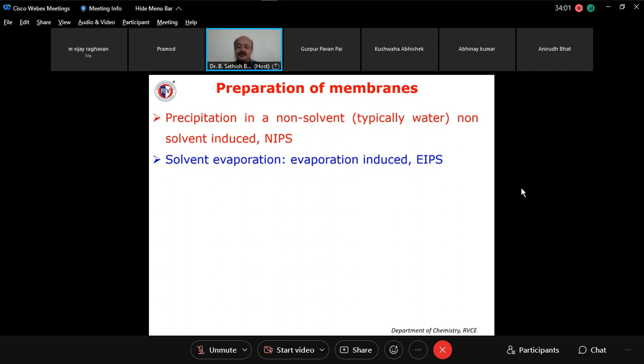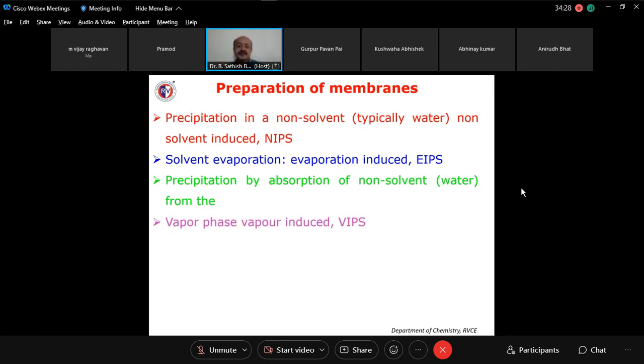So if you peel up the polymeric substance, it will come in the form of this membrane. So that is the second method. And in the third method, precipitation by absorption of non-solvent, that is water, from the vapor mixture. Okay, so this is the third method, and here you are not going to get good quality of membrane.